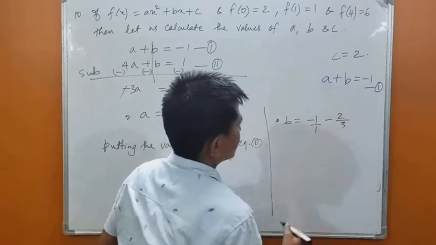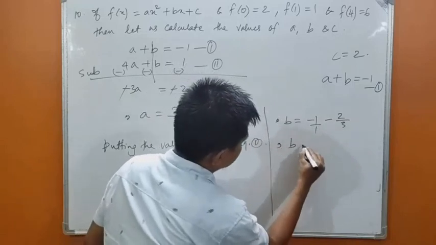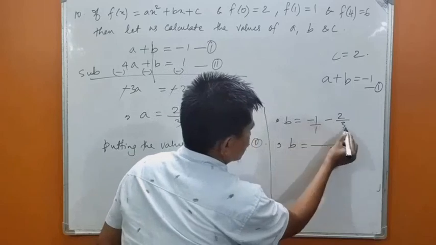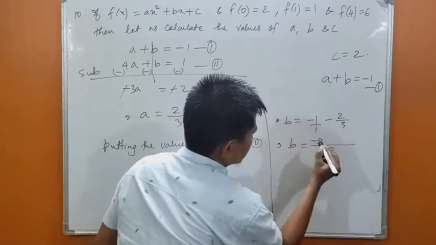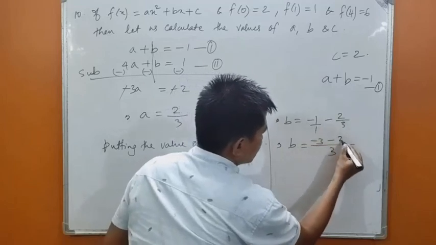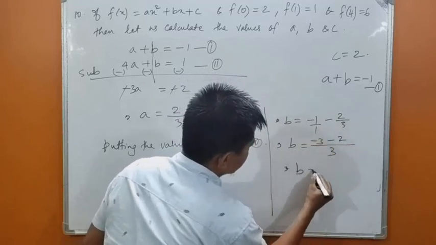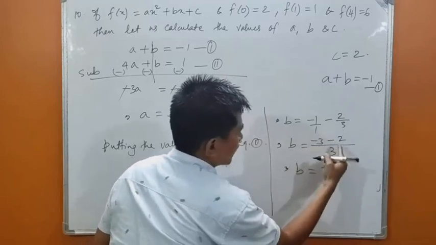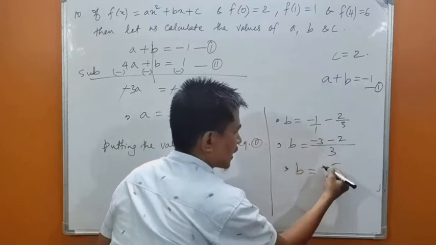We have 1 in the denominator, so b equals LCM of 1 and 3 is 3. 3 into 1 is 3, that is minus 3, minus here 1 into 2 is 2, or b equals minus 3 and minus 2 is minus 5. Same sign, numbers add up, but the sign will remain minus, upon 3.